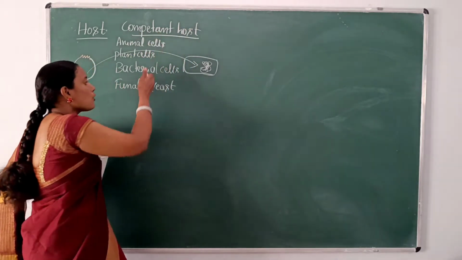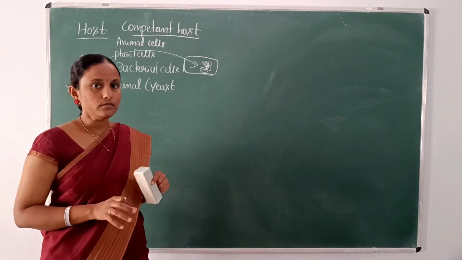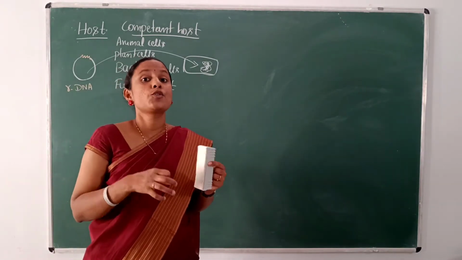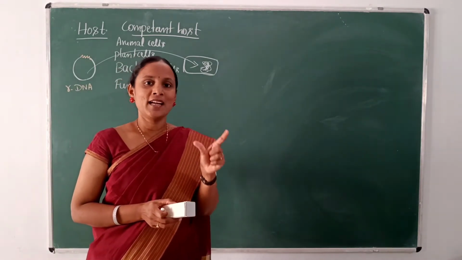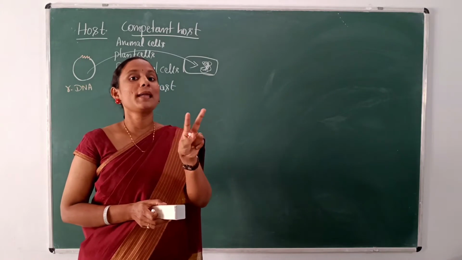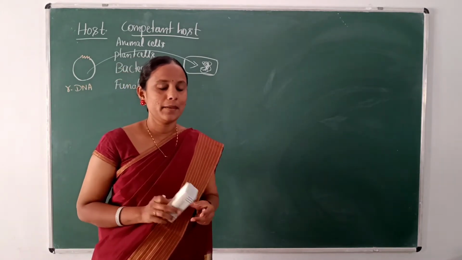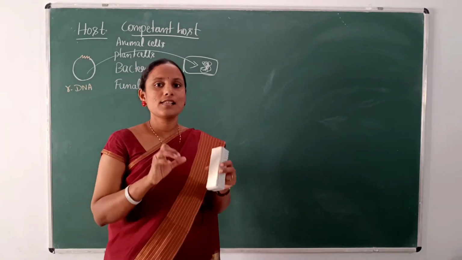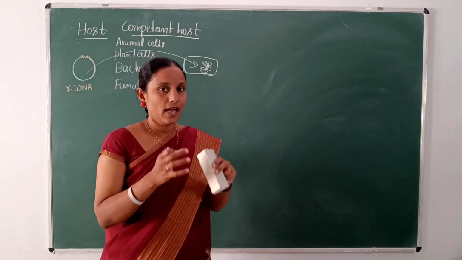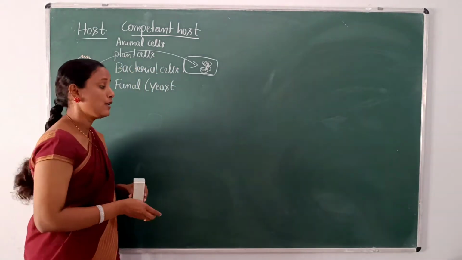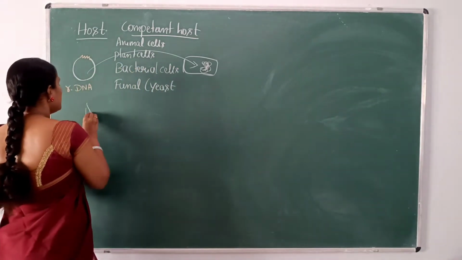All the cells are not competent. Some cells will have natural competence. On that course, there are two types of competence we can say: natural competence and induced competence. I'll talk about the first one, the natural competence.